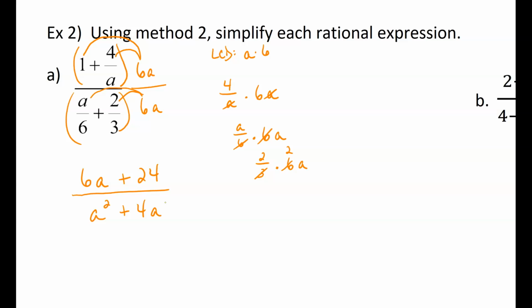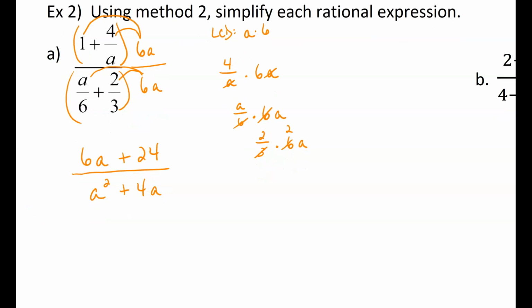So, do you see how nice that works out? I got rid of all the fractions within the fractions, and now I just have a numerator and denominator, and I just need to see if I can clean it up any further. Is there anything I can factor out of the numerator? 6, which leaves me with A plus 4.